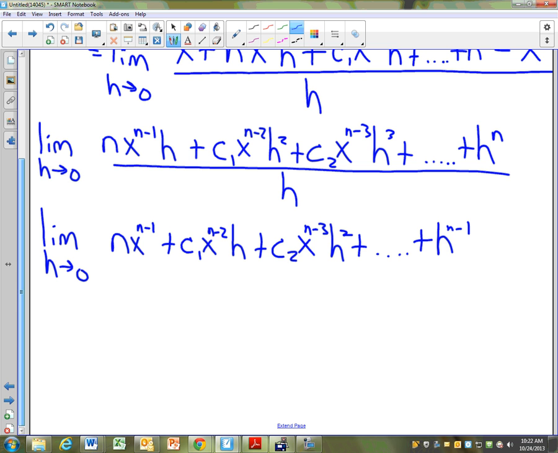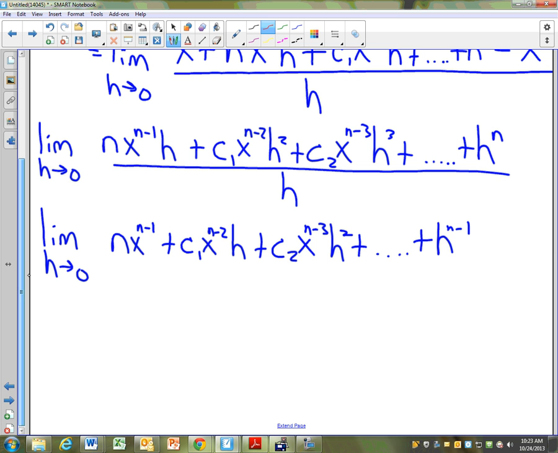Isn't it beautiful? Look. Because we divided this h off, it reduces the power of all the h's by 1. Notice that, is it now okay to plug 0 in for h? Yes, because I'm not dividing by 0.